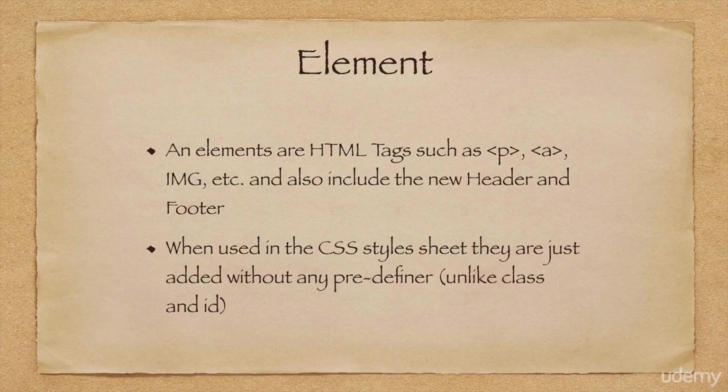And when we use them in the CSS styling sheet, we just use them without any predefiner. So whereas with class and ID, we have to prefix with a hash or a period, full stop. With the actual elements of HTML, we don't have anything in there when we start the definition or when we start the styling. So we just put like header or footer.